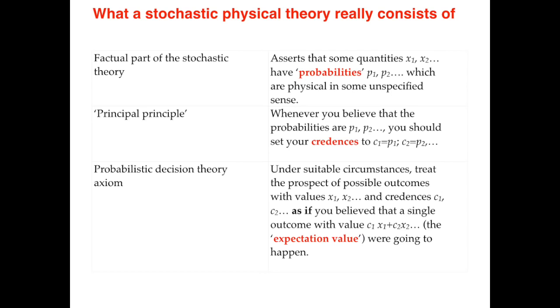It pretends only to contain that first row. But actually, there are some purportedly factual statements about numbers that purportedly have something to do with physics. And then there has to be a principle to give them some normative psychological meaning, the second row. And then the third row, actually, you need another axiom from decision theory to say how one should actually behave, rather than how one should think.